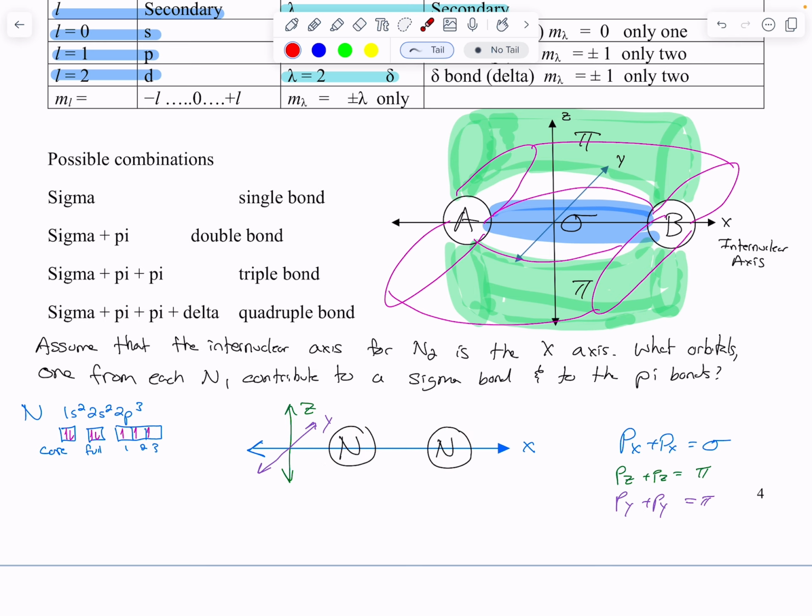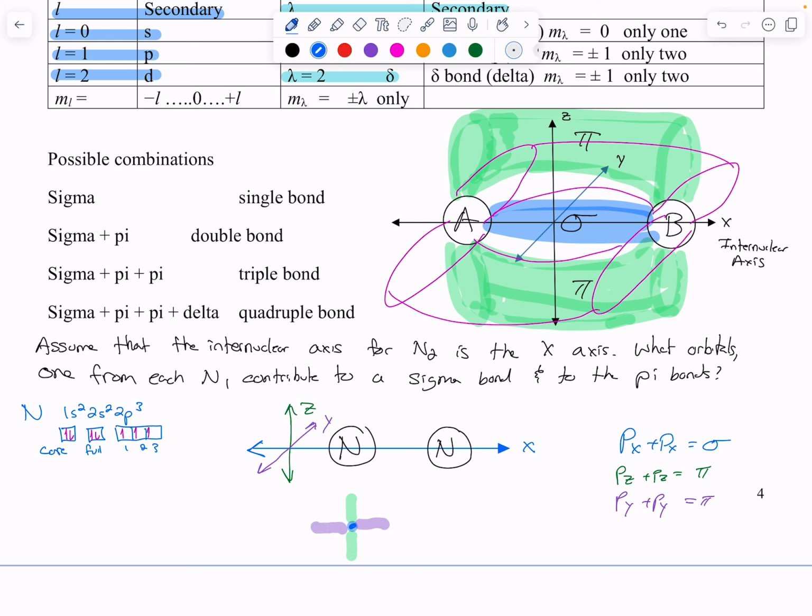All right? If you put your eyeball right here and you look down the internuclear axis, you would see the internuclear axis being a dot. You wouldn't even see the sigma bond. The sigma bond would be barely there. But you would see a pi bond that's vertical, and you would see a pi bond that's horizontal, like that.